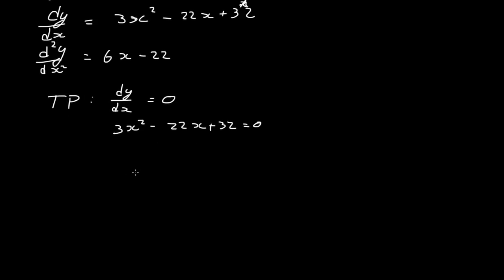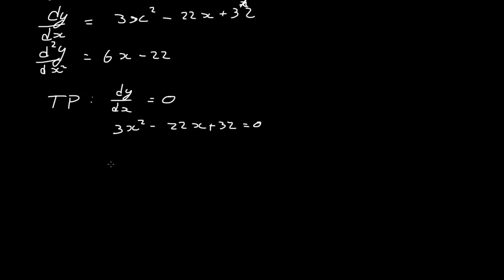I don't have my calculator on me, so I hope this can be factorized. Doesn't look like it, so let me just go grab my calculator and make our lives easier. I'm going to be lazy here and use my calculator to solve this quadratic equation.